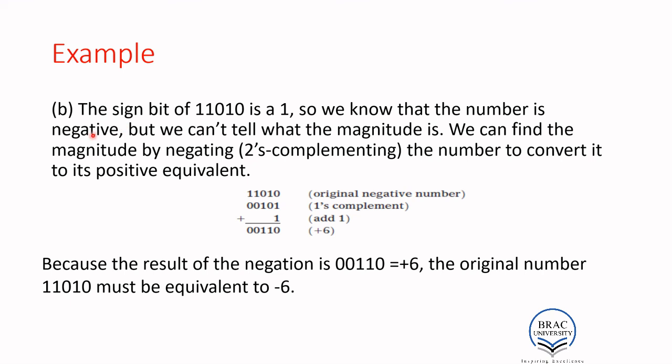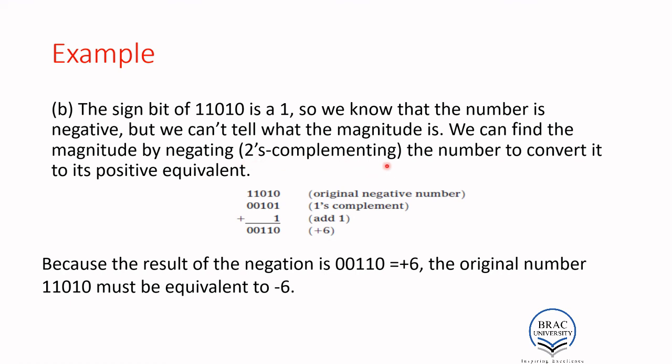The second one, B. The sign bit is 1 here because the number is 11010. We know that the number is negative, but we cannot tell what the magnitude is. So we can find the magnitude by negating the number to convert it to its positive equivalent. How can we negate it?